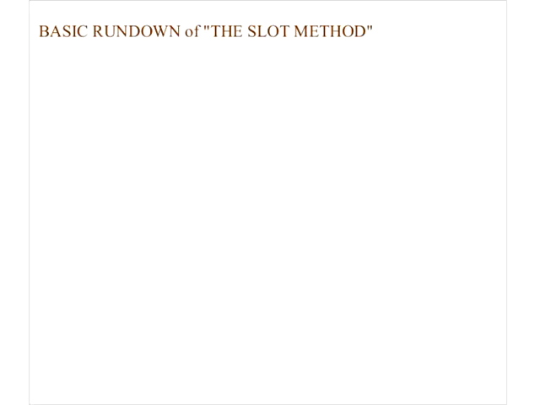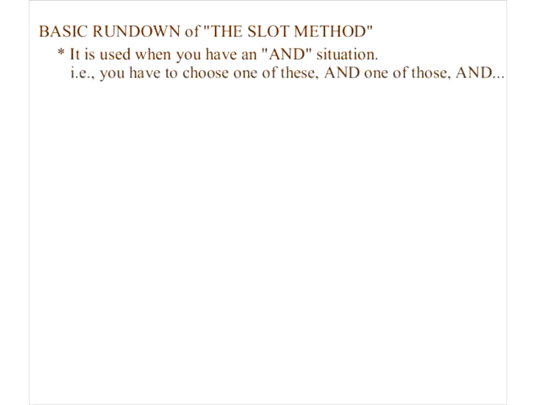Okay, the first thing about this slot method is that this is used when you have an and situation. In other words, you have to choose one of these and one of these and etc. Okay, because it revolves around multiplication.